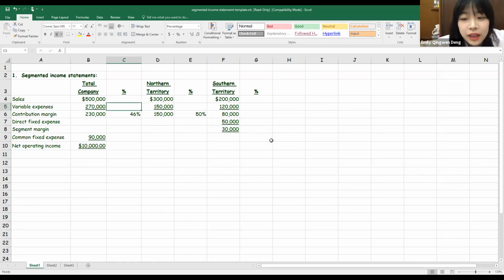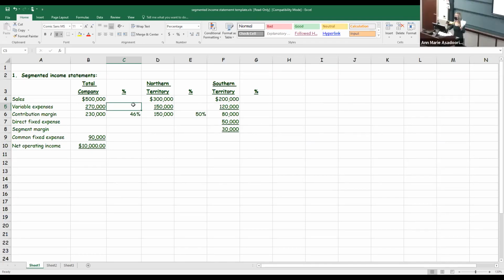I think it's use the 150,000 to divide 270,000. Oh, okay.